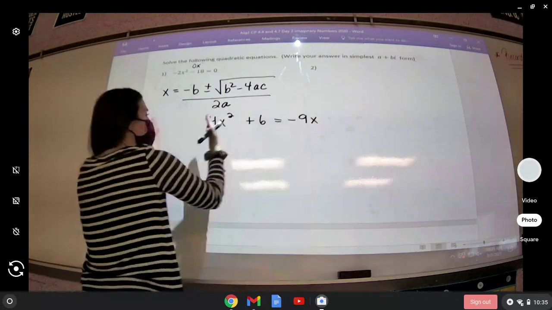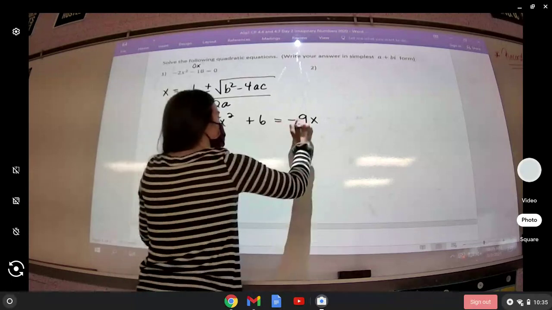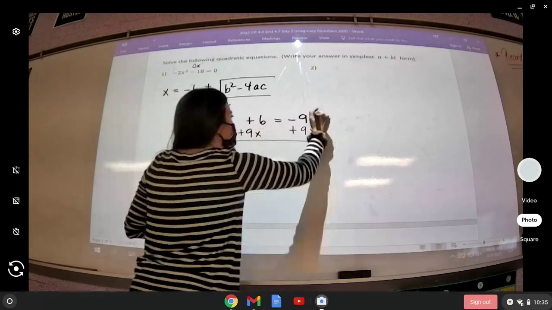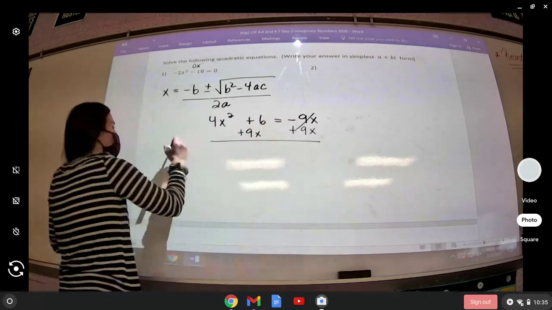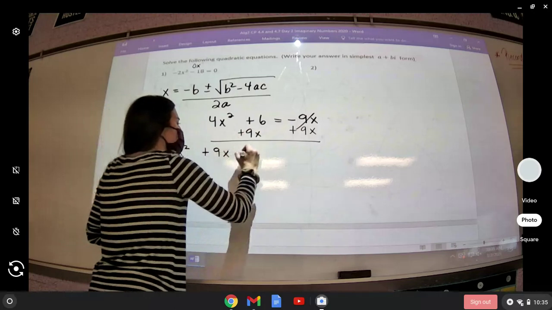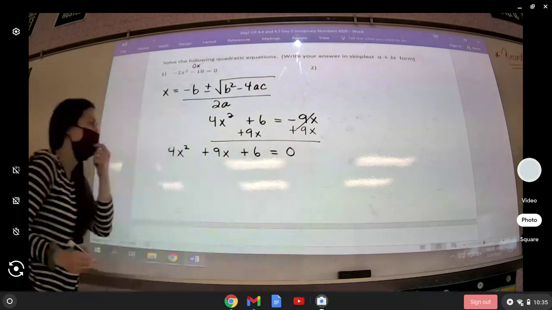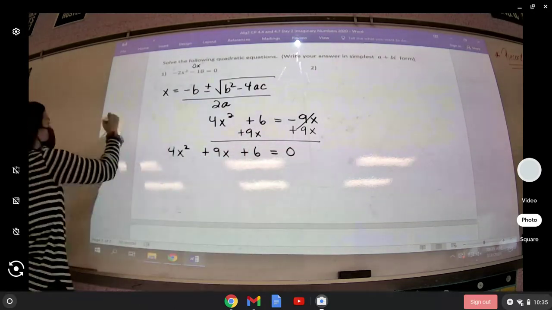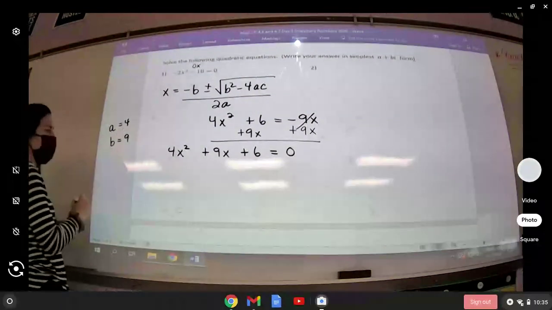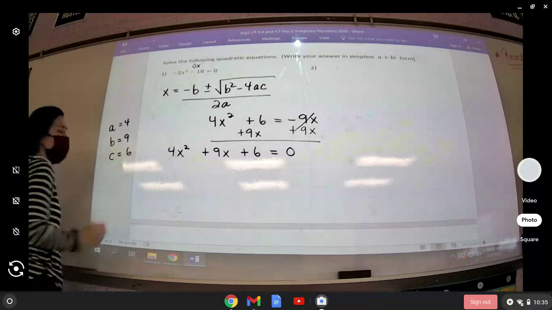So let's get everything on one side. Let's add these 9x's over so that it's equal to 0, and I'll be able to identify my A, B, and C. Make sure you write it in the right order: 4x squared plus 9x, then plus 6, and then equals 0. In this problem, A is 4, B is 9, and C is 6.